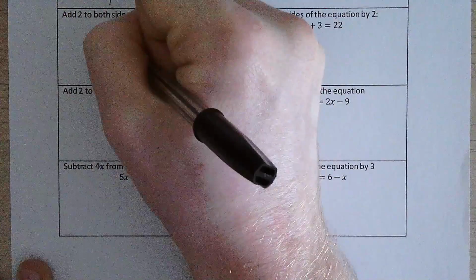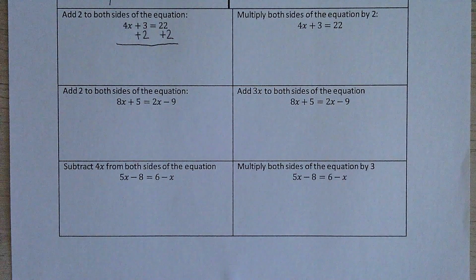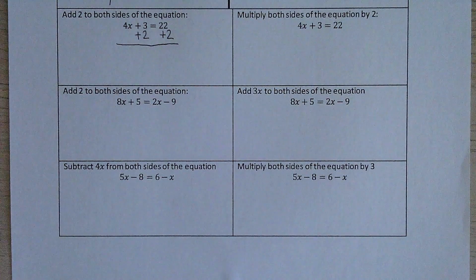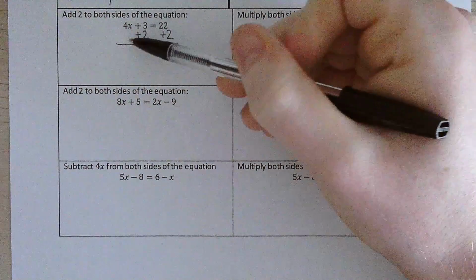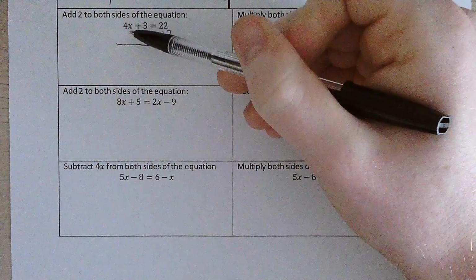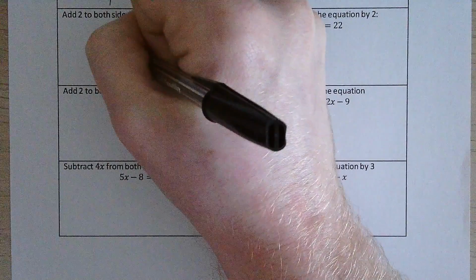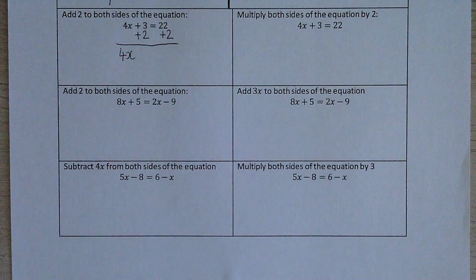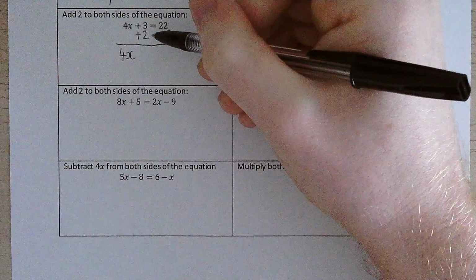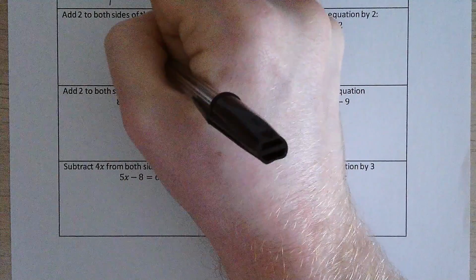I'm now going to draw a line underneath those two lines, and I'm now using column addition. 4x, add nothing because there's nothing written underneath the 4x, is just 4x. So I'm going to keep 4x written underneath. Positive 3, add 2 is positive 5, so that's going to be written alongside here.